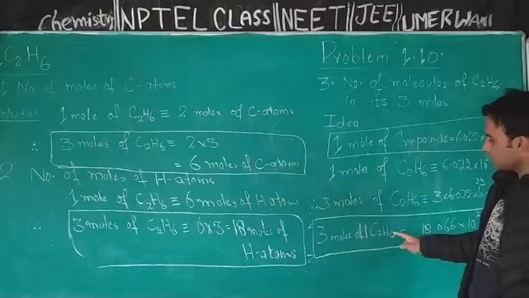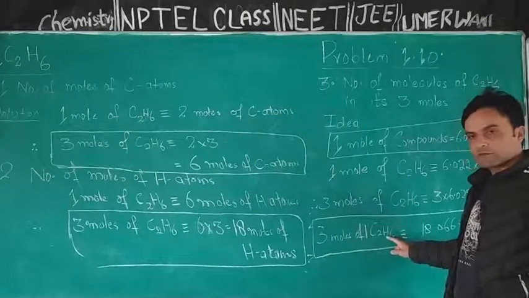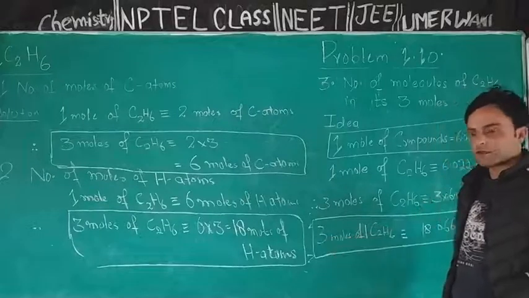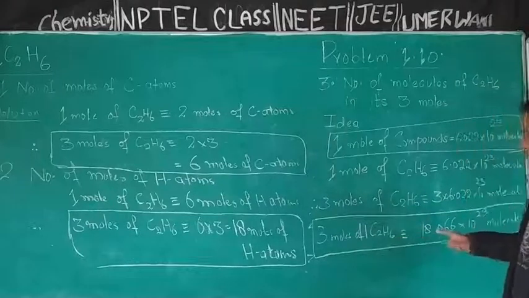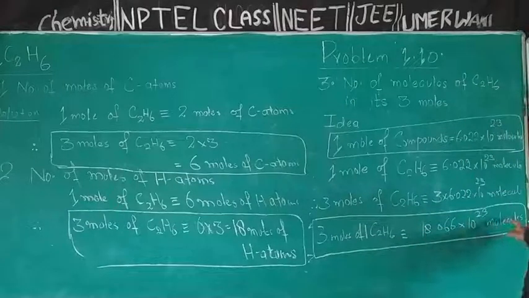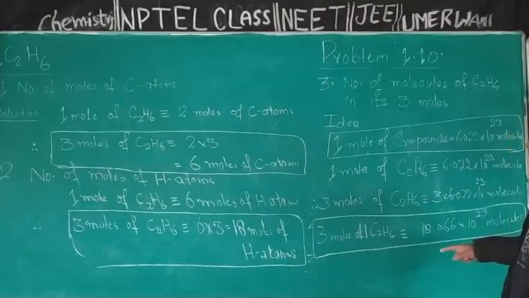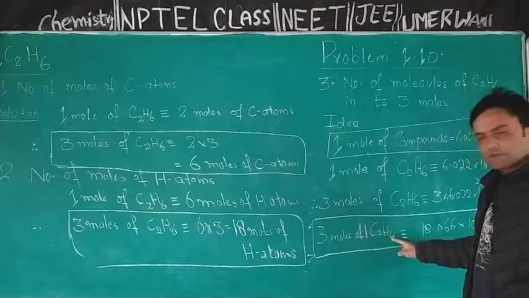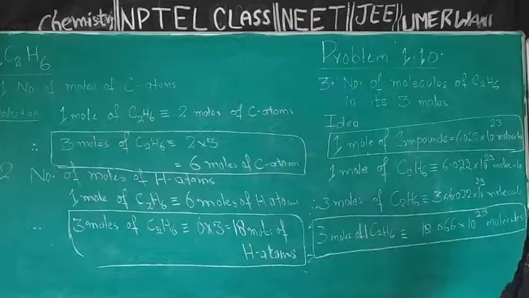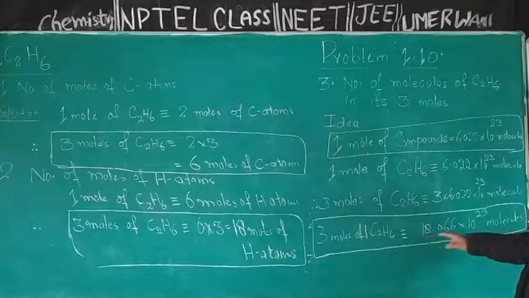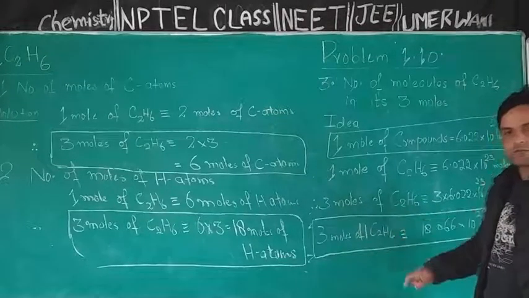Similarly, if you have to calculate total number of hydrogen atoms present in 3 moles of ethane, first you will calculate total number of molecules present in 3 moles of ethane. Then you have idea that one molecule has 6 atoms of hydrogen, therefore total number of hydrogen atoms in 3 moles of ethane will be equal to product of total number of molecules of ethane and number of hydrogen atoms present in one molecule, which is 6.